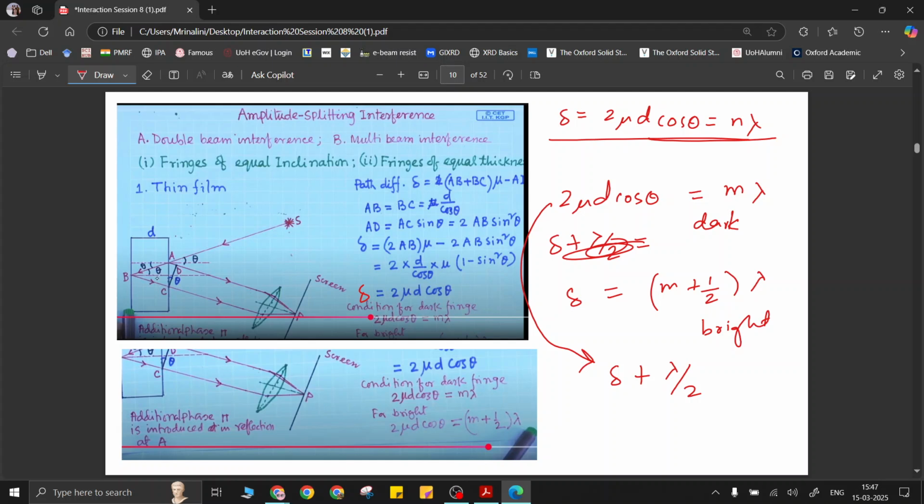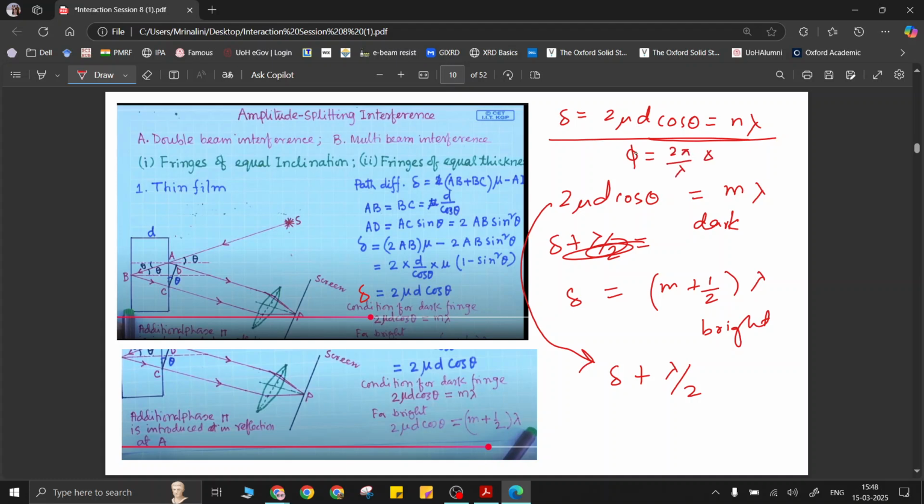The path difference that we geometrically see here is fine, but one part of the ray is reflecting from this interface and one part from that interface, and when it reflects from an optically denser medium, it gets a pi phase difference. Now we know that phase is given by 2 pi over lambda times path difference.